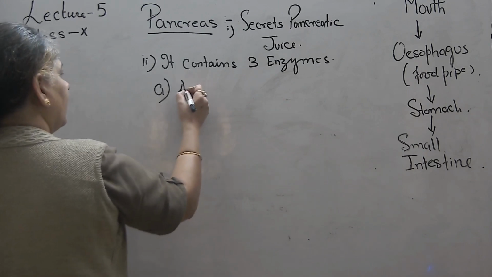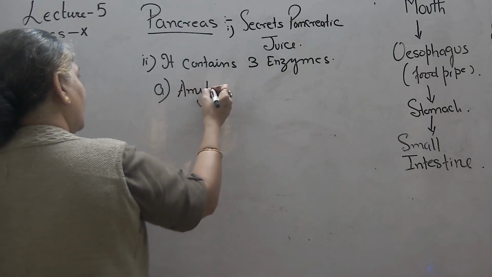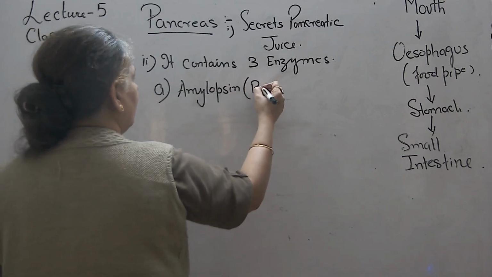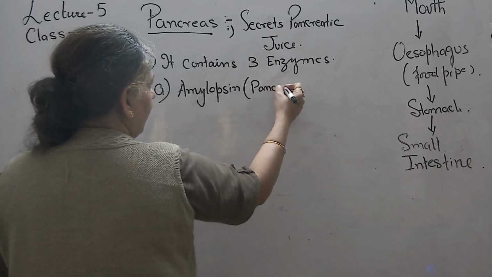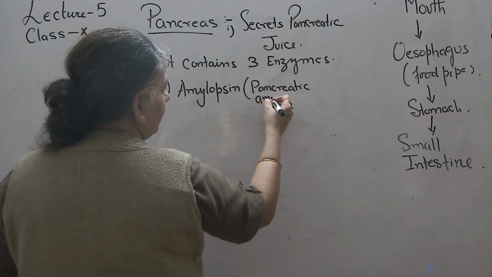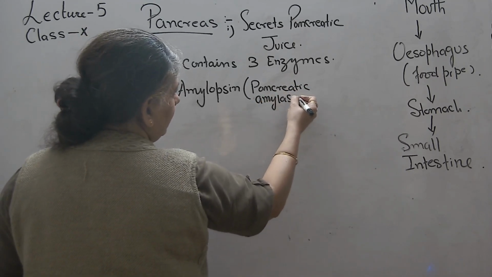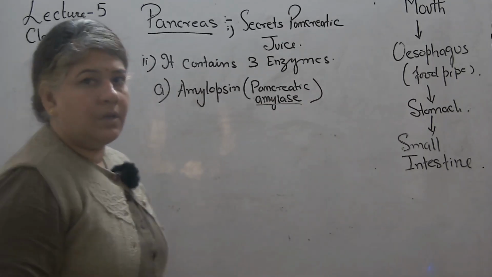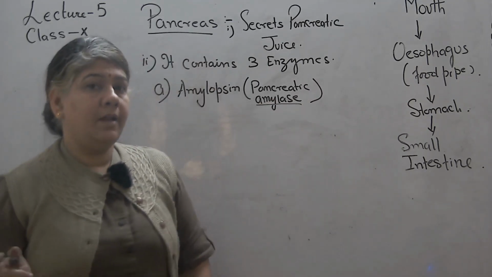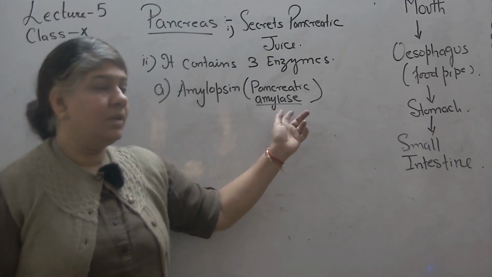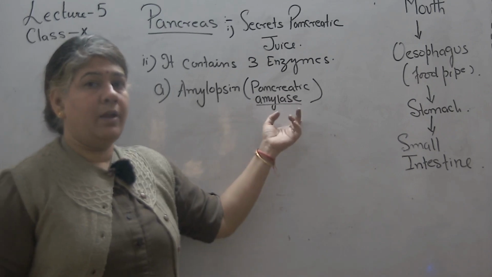Amylopsin, or it is also called pancreatic amylase. You came across this word amylase, remember, in salivary amylase. So wherever you get the term amylase, it means it is acting on carbohydrates.